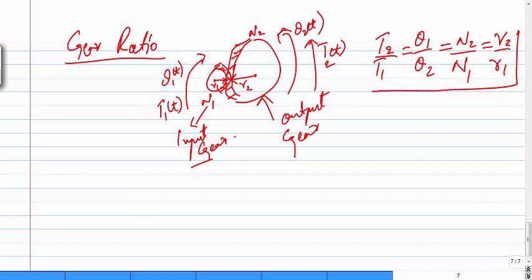So this is the relation that we can use to solve all these problems that are related with these relations. Okay.